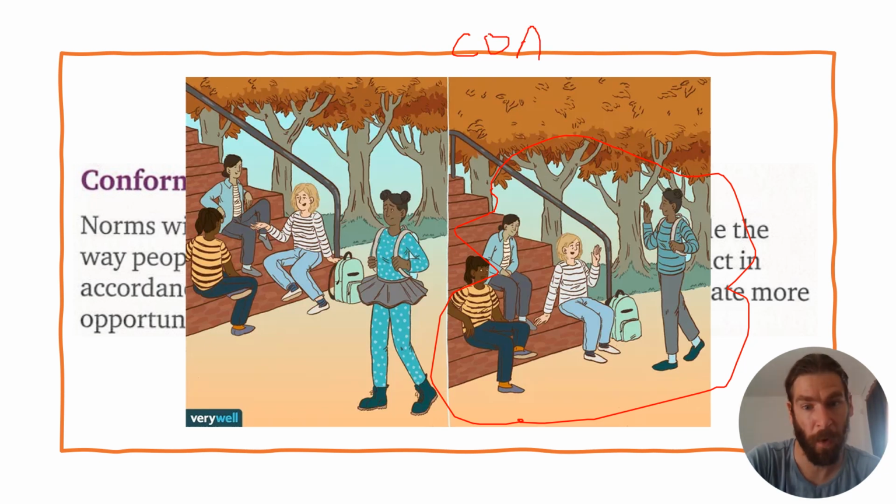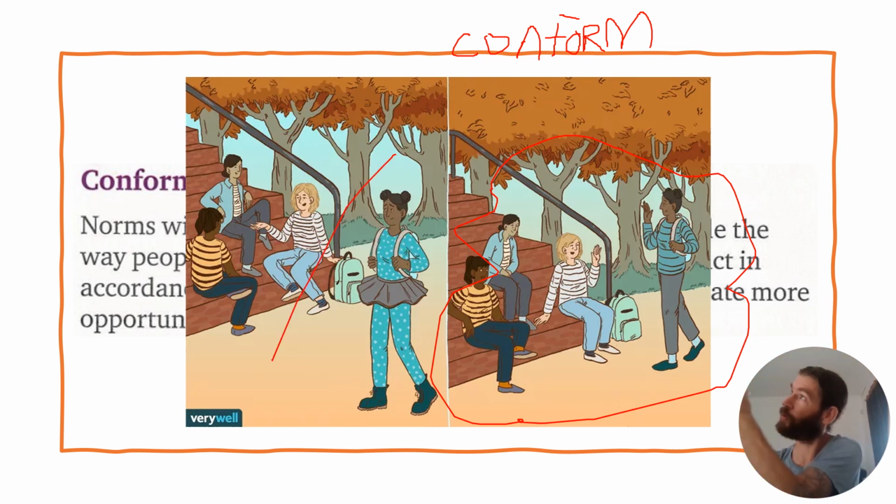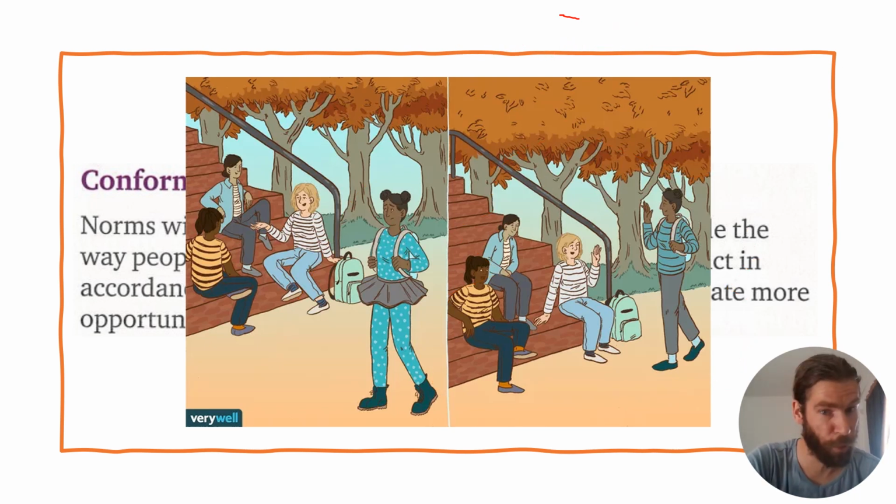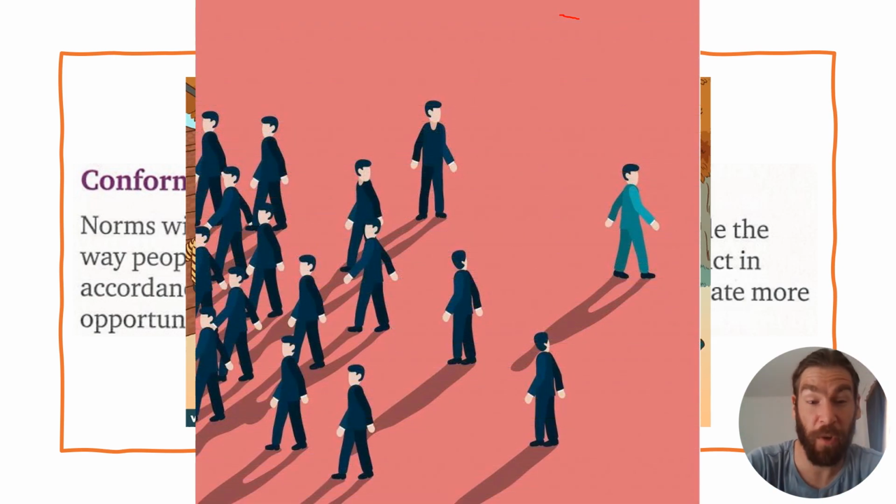When you conform, you are more easily accepted into a group, you are less likely to be excluded. You see the difference in behavior in the picture next to me? I found it a very clear picture explaining what conformism is. And we all do this, all of us, to conform. And here you see it too.